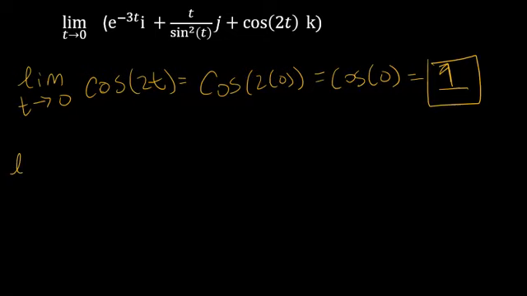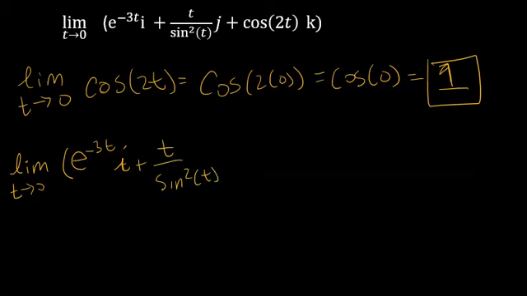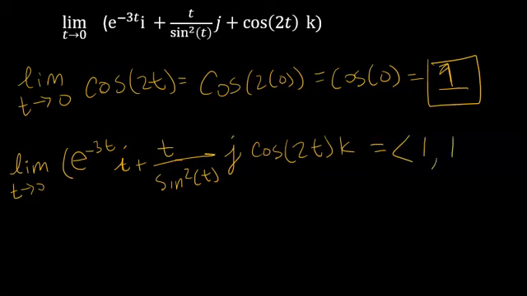So we're going to write out the final answer because we already basically completed everything. Limit as t goes to 0, and we're going to rewrite the entire problem up front. Oops, I forgot the i. t i, sine t j, cosine 2t k equals, sorry, my cat hit me, equals 1, 1, 1, right?